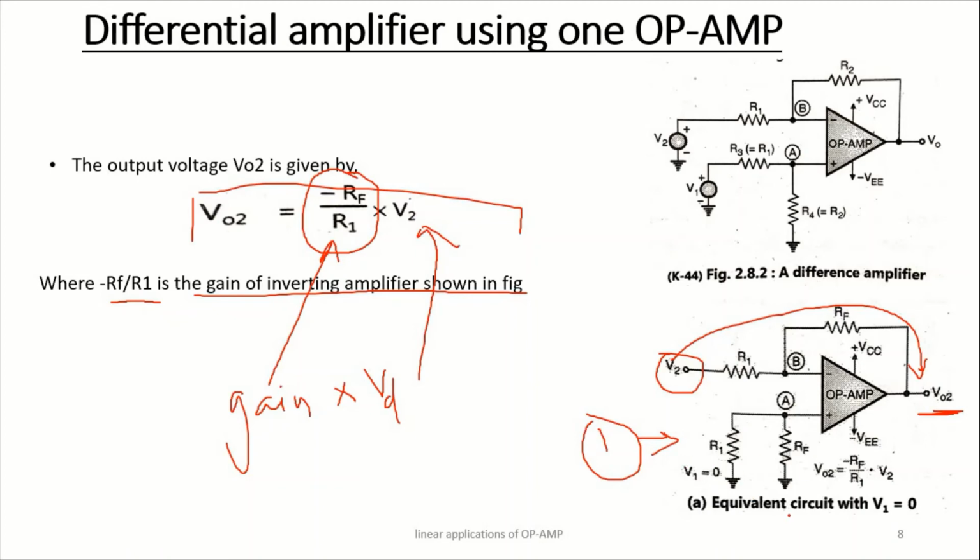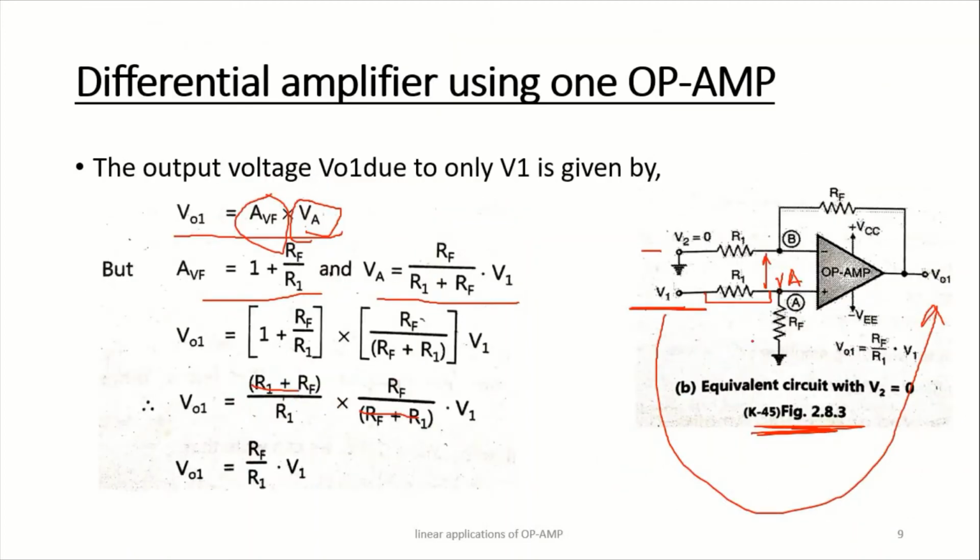Therefore this resistance is the summation of R1 plus R2. Seen from this side, the input resistance is the summation of these two resistances. Now the second case, when V2 is 0, this becomes a non-inverting amplifier and the input resistance seen from this side is only R1.